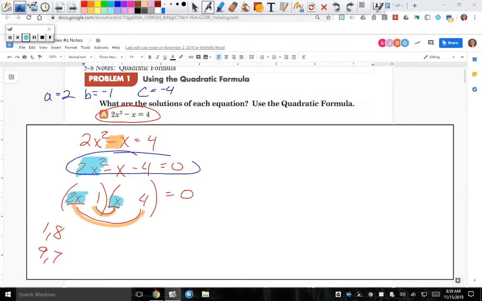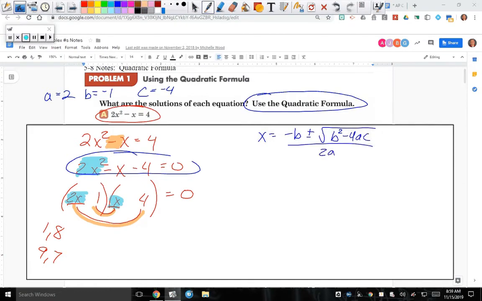So here we go. This didn't work out, so we have to revert to the quadratic formula. So x equals negative b plus or minus the square root of b squared minus 4ac all over 2a becomes negative b plus or minus the square root of 33.